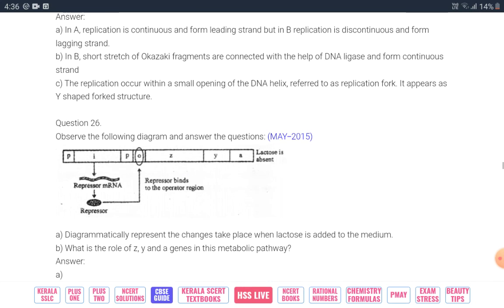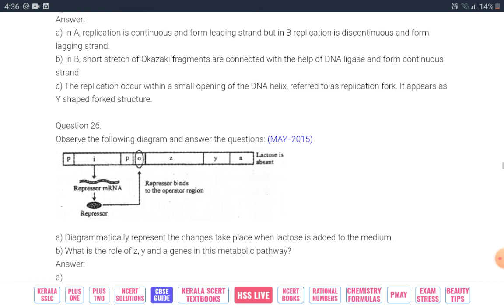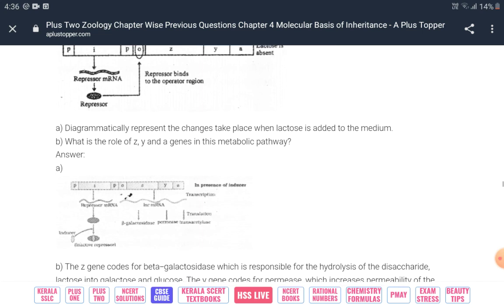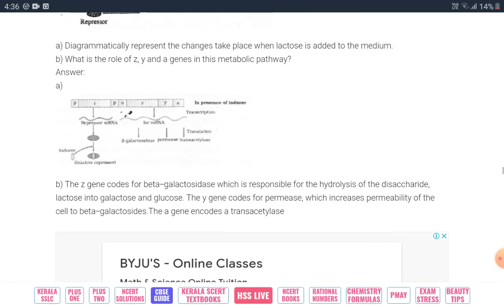Then this question. Observe the following diagram and answer the question. Diagrammatically represent the change that takes place when lactose is added to the media. That is what we have explained a few minutes back, but we have to diagrammatically show that.